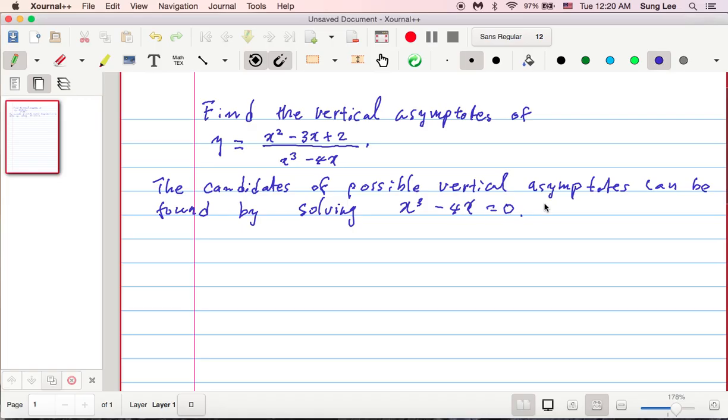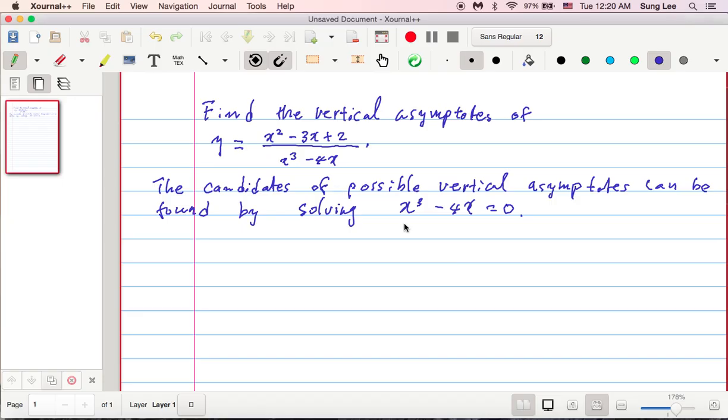Okay, so in other words, I said candidates. So the possible vertical asymptotes can be found by solving this. So among those x values that make the denominator 0, we may be able to find the vertical asymptote. But what you have to be careful about is that it may not be.